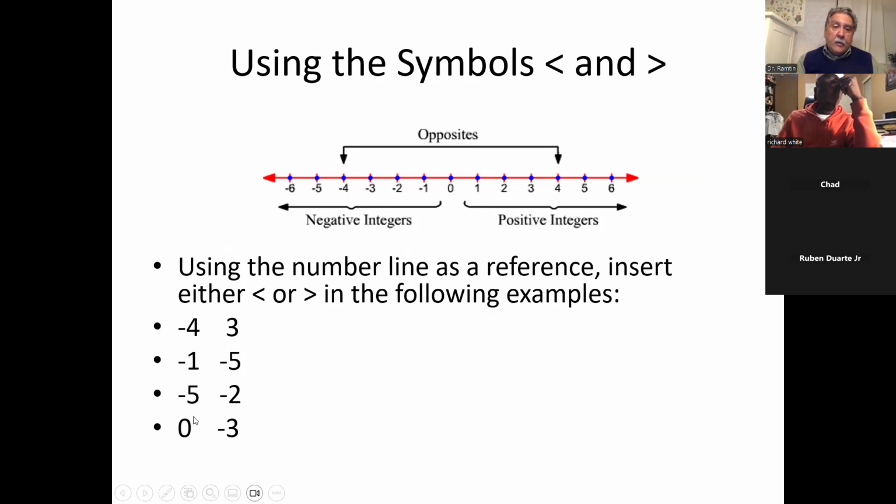If I have -5 and -2, which one is bigger? -2. If I have 0 and -3, which one is bigger? 0. Yeah. So based upon that, you put either a less than, greater than, or equal sign.